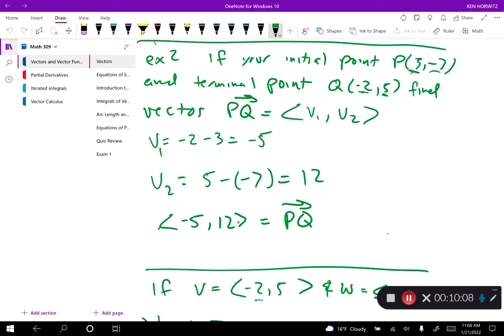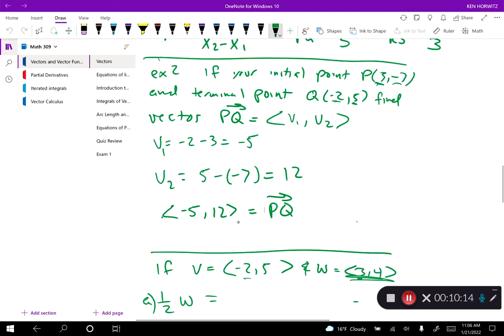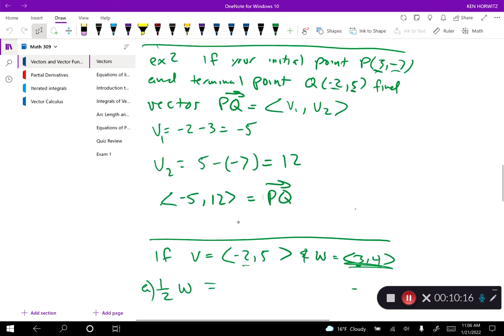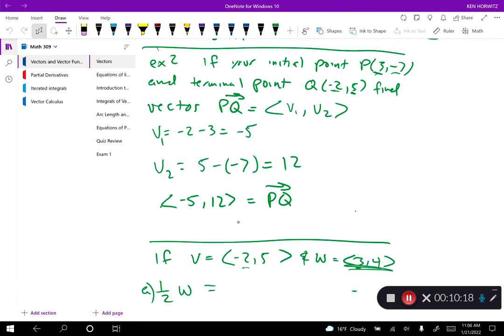Now, let's say I wanted the magnitude of this vector. You can do the magnitude the exact same way we did in problem 1. However, we've already done final minus initial, so we don't necessarily have to do that again. What we can do to get the magnitude of PQ is just take the square root of each individual element squared.